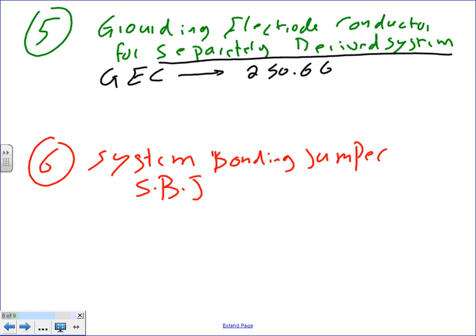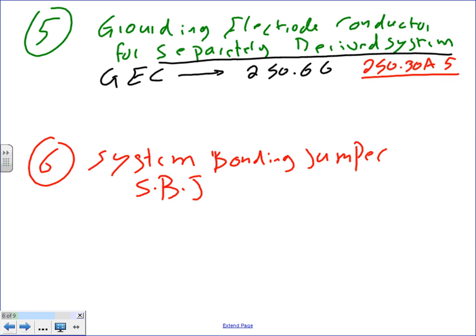Bonding jumper, grounded system, or separately. This is for the system bonding jumper. Actually 5. They just changed the numbers here from 2011. This becomes 250.30(A)(5). They just changed the numbers. They make it 5 this time.